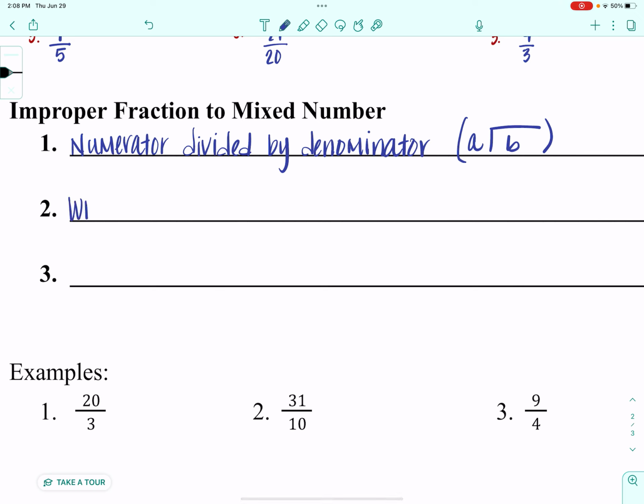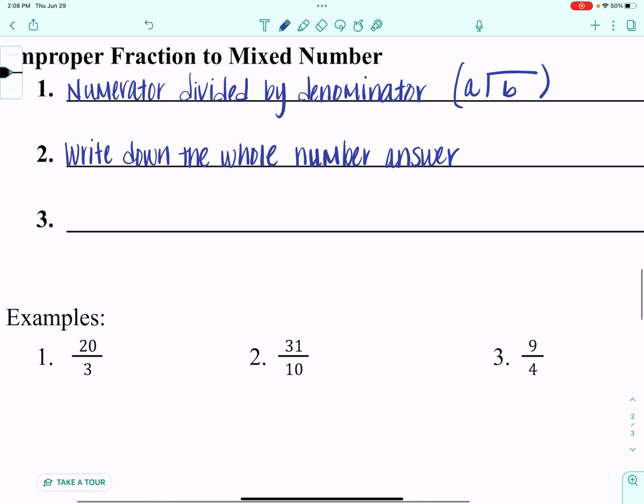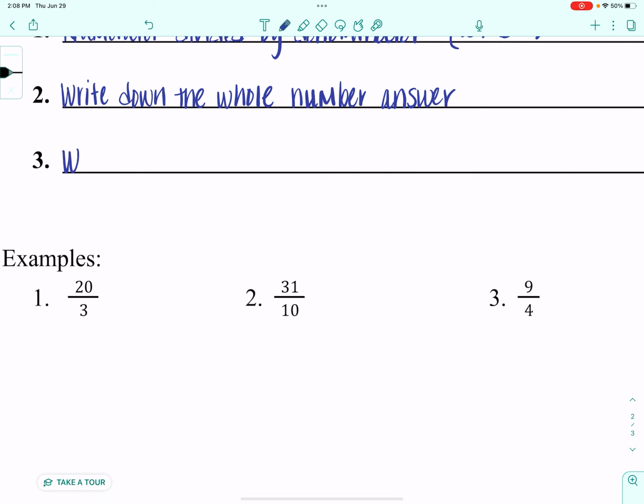We're going to write down that result. And then we are going to take hold of that remainder as the numerator of the fractional part.